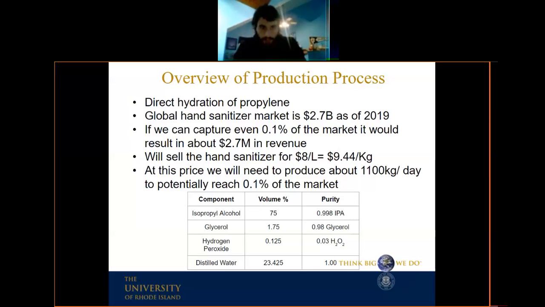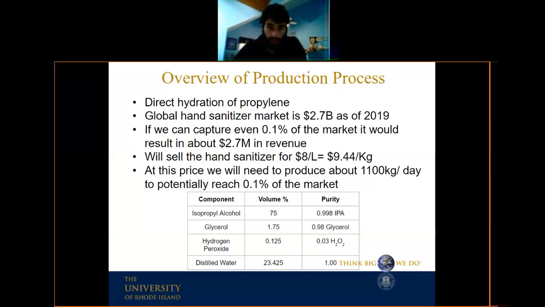Our plan is to try to capture about even just 0.1% of the market. You'd be looking at 2.7 million in revenue, as the hand sanitizer market is as big as $2.7 billion in 2019. We plan on selling the hand sanitizer for about $8 a liter, which is approximately $9.44 per kilogram.